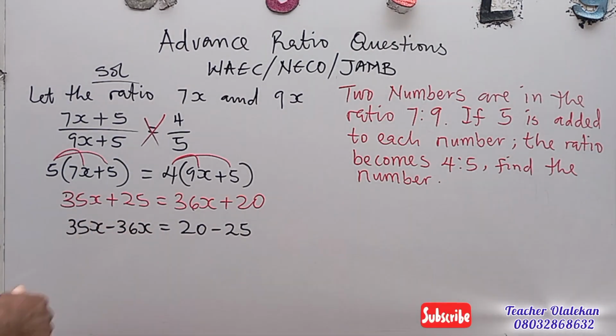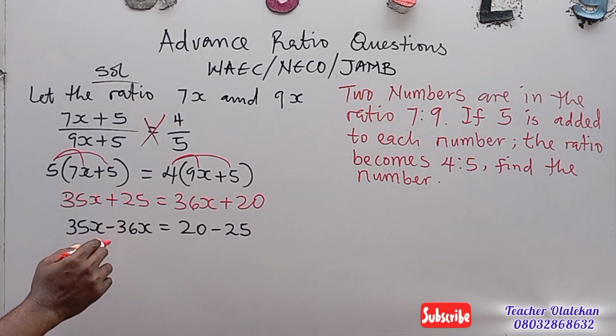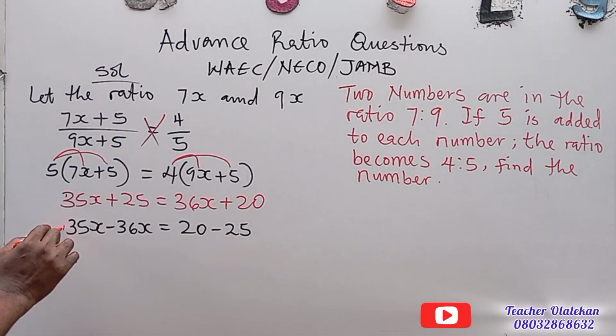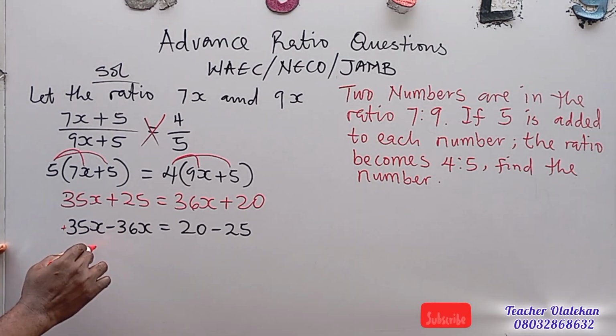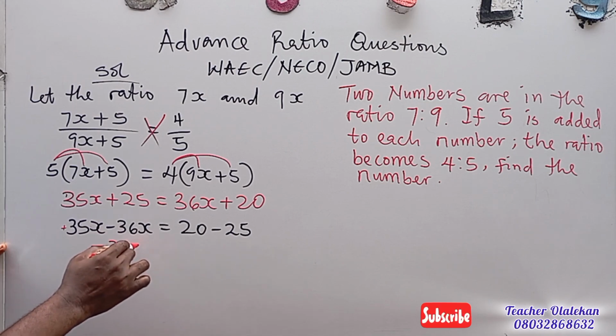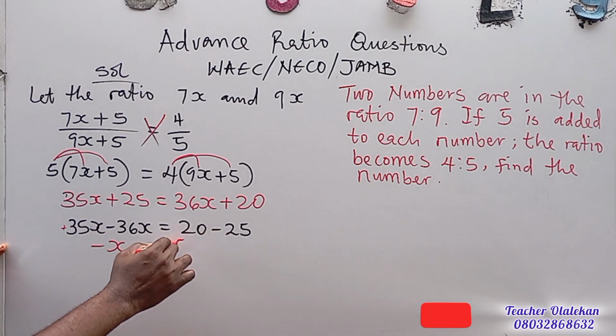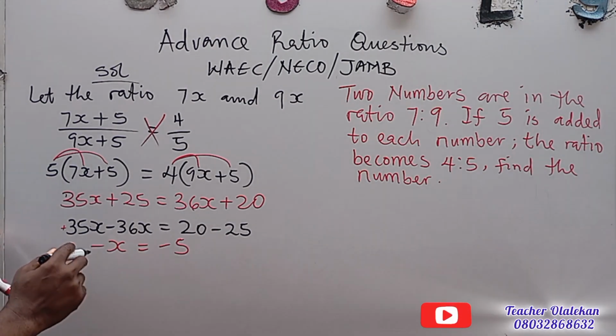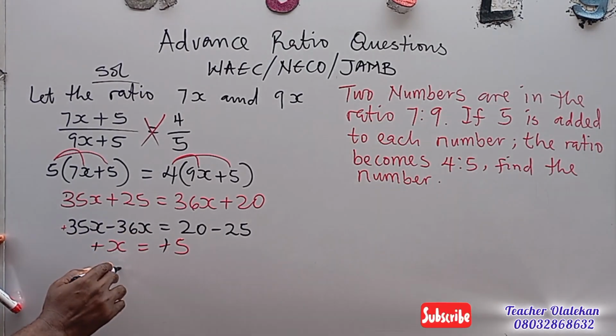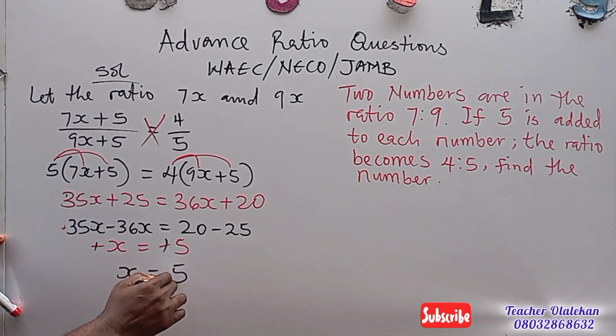So when we take away here, this will give us negative x. Do not forget this is positive, so positive is smaller than negative, so that becomes negative x is equal to negative 5. So we divide both sides by negative. So when we divide negative on both sides, then our x is equal to 5.